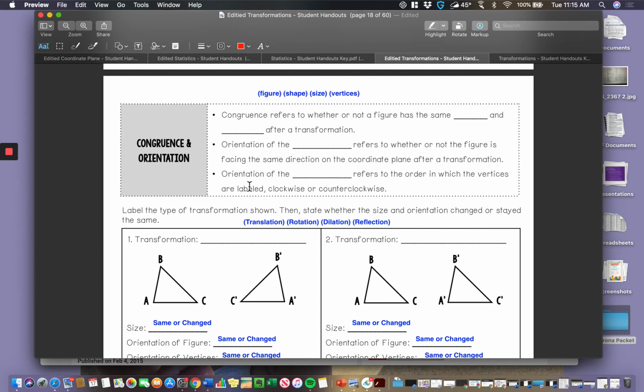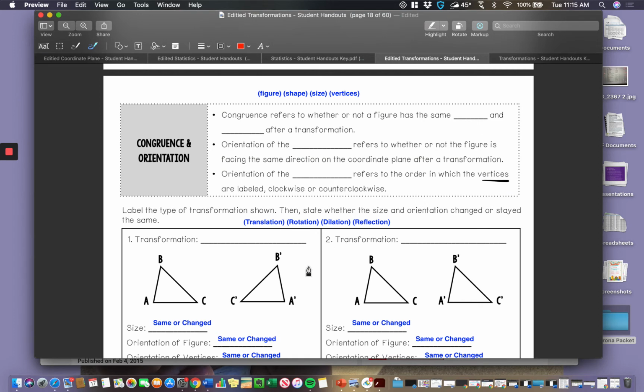This third one down here, orientation of the blank refers to the order in which the vertices are labeled clockwise and counterclockwise. Here's your key word here. It's going to make it very obvious right here. All right, basically the same word here is going to go in the blank.